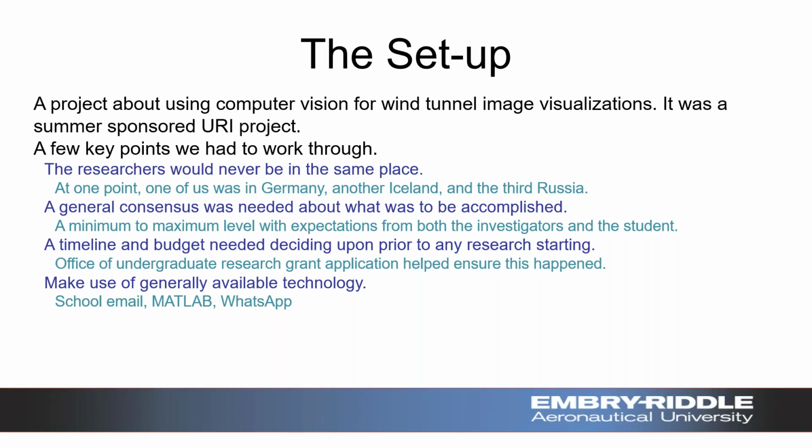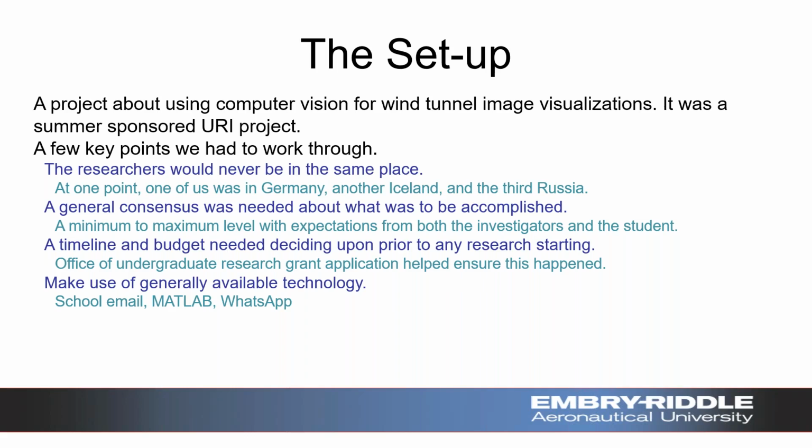It just helped us manage our expectations. We obviously had to come up with a timeline based on that, and our undergraduate research grant application helped ensure that the student had an understanding of that, because we tasked the student with that.